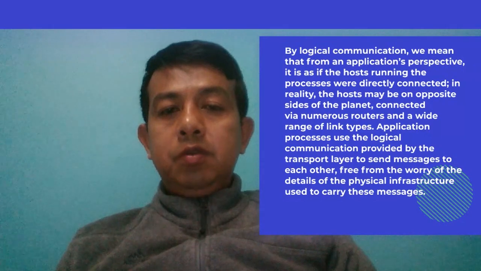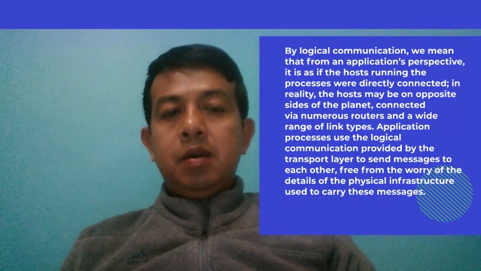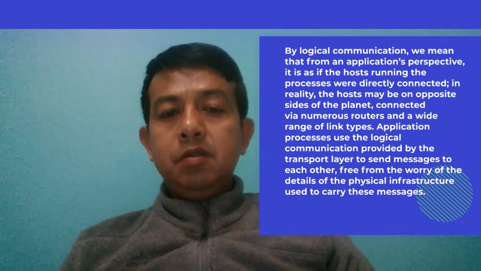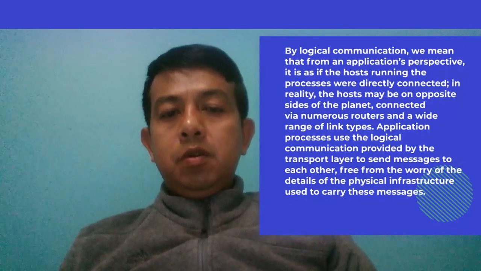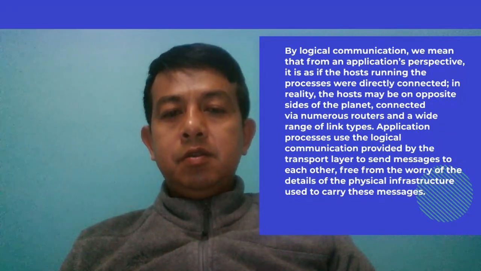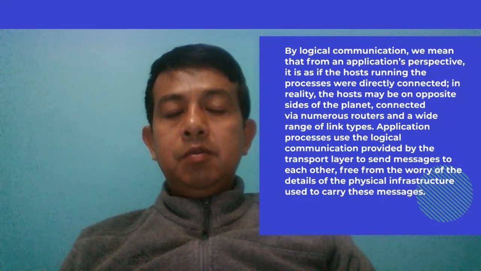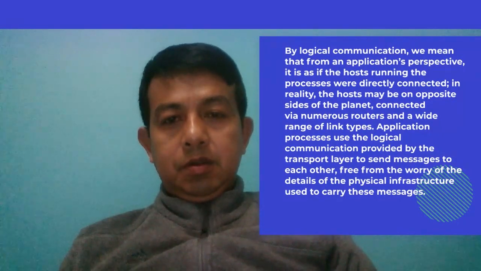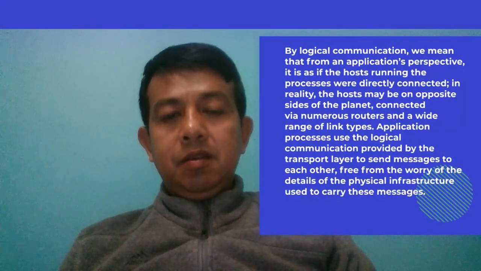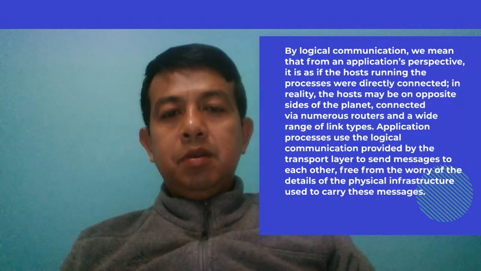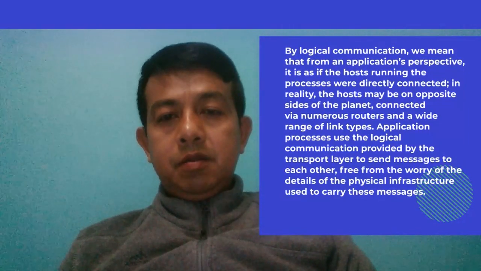Application processes use the logical communication provided by the transport layer to send messages to each other, free from the worry of the details of the physical infrastructure used to carry these messages. I guess we should take an example to understand this. Let's try to understand what it means to have logical communication between processes running at different hosts.